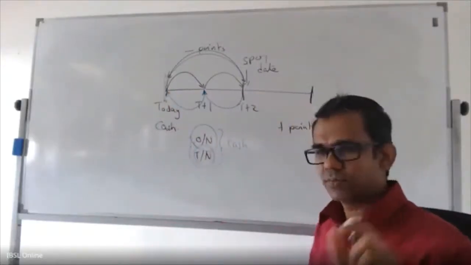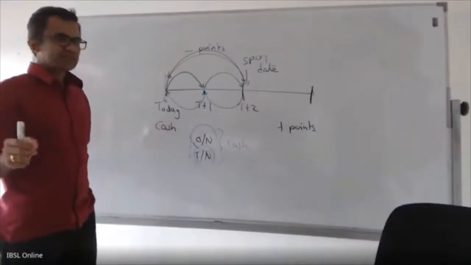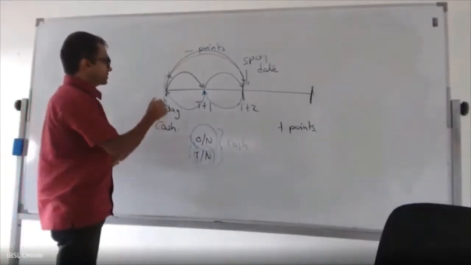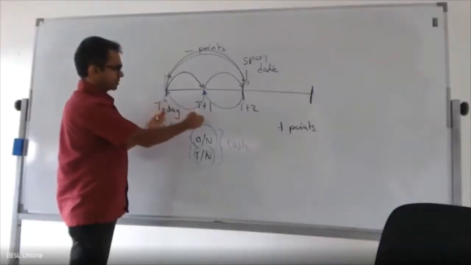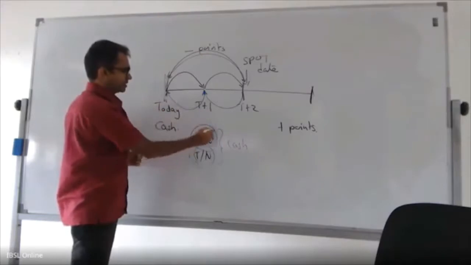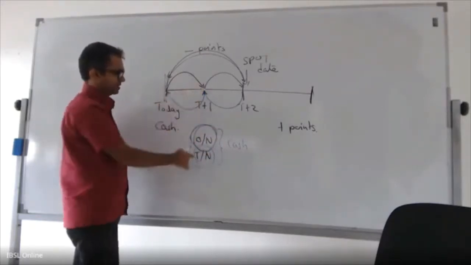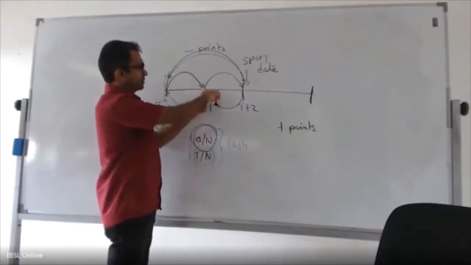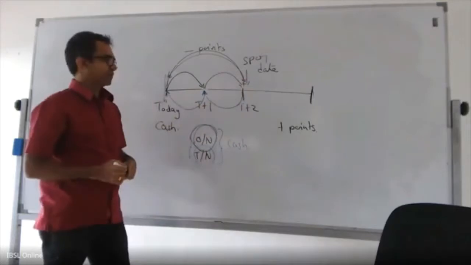The way the market quotes is the difference between two rates, the cash rate and the TOM rate. That is the overnight swap points. Swap points are given only for one day. Then for the TOM next, the swap points are given only for another day going forward, starting from here.